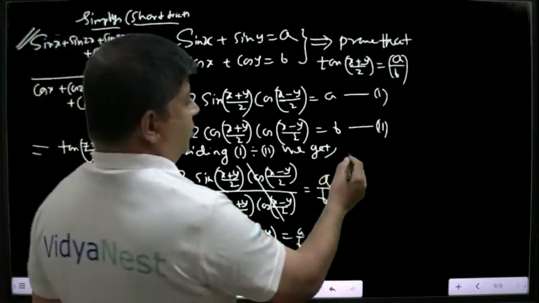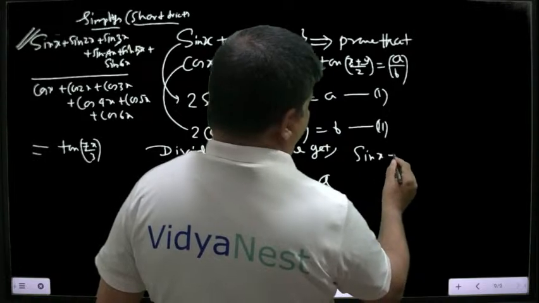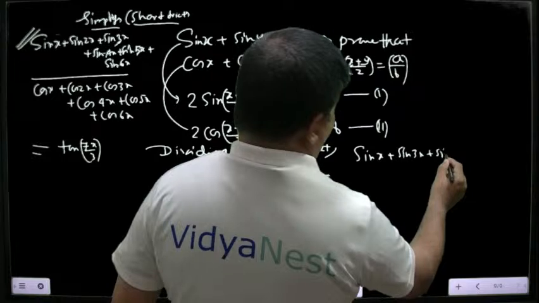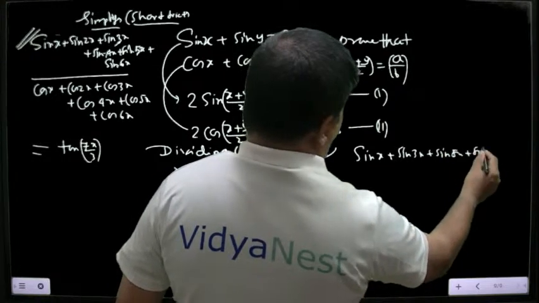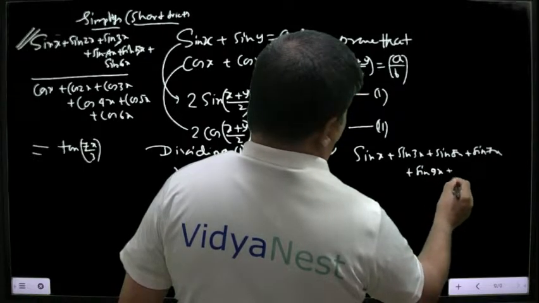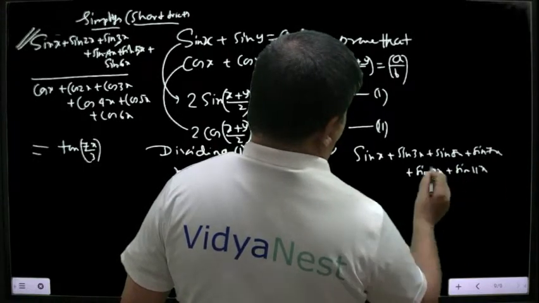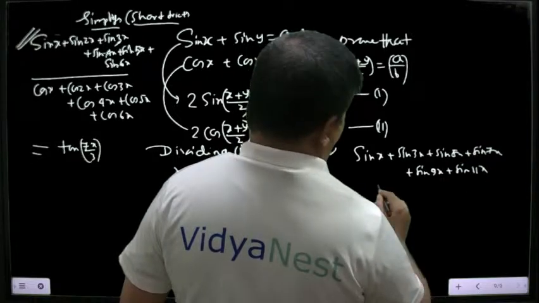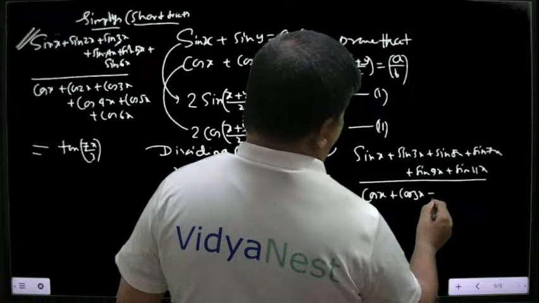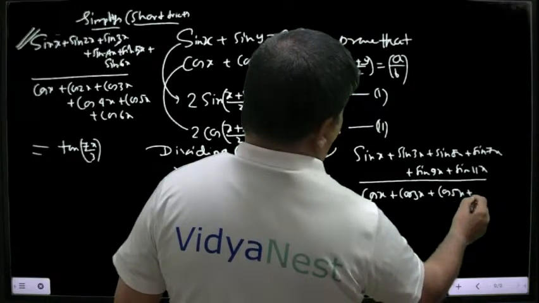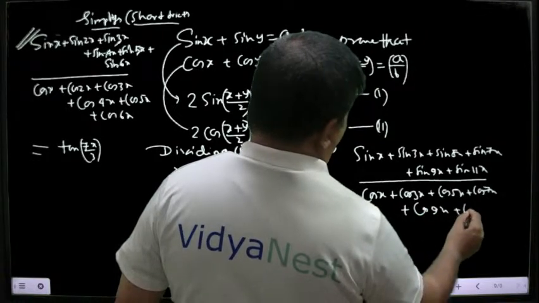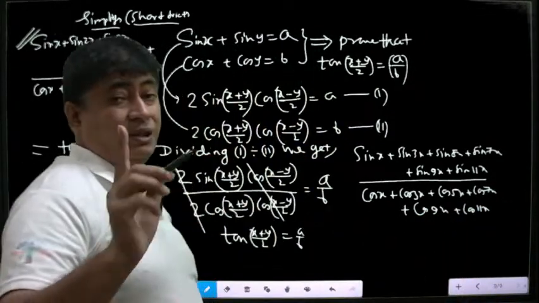Like this: sin x plus sin 3x plus sin 5x plus sin 7x plus sin 9x plus sin 11x, 1, 2, 3, 4, 5, 6 terms, by cos x plus cos 3x plus cos 5x plus cos 7x plus cos 9x plus cos 11x. 1 minute time is given.